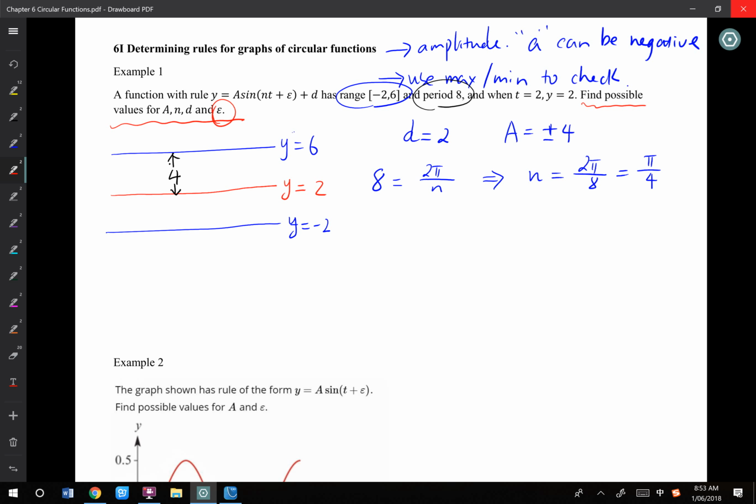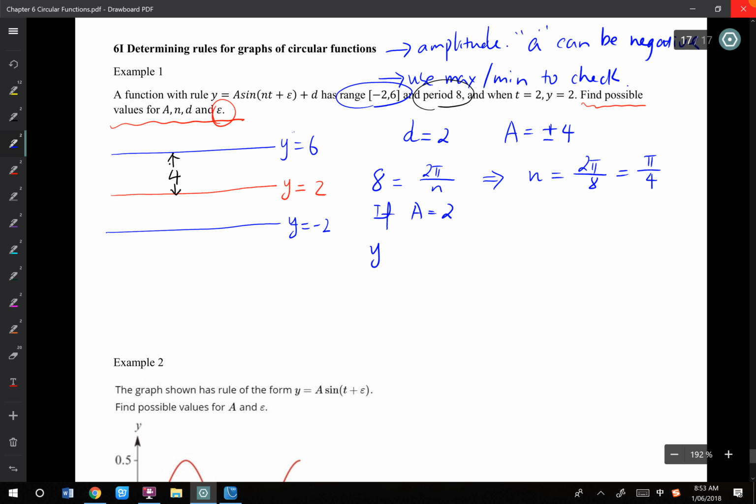Okay, I have point 2, 2 on the graph, but I can adjust that value to make it on the point. So I can assume that a is positive 2, like I can assume negative 2 as well, I just choose one.